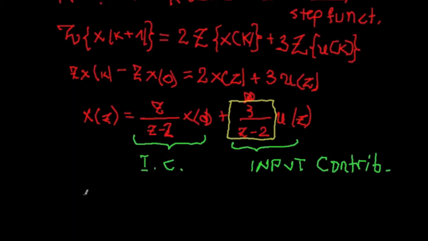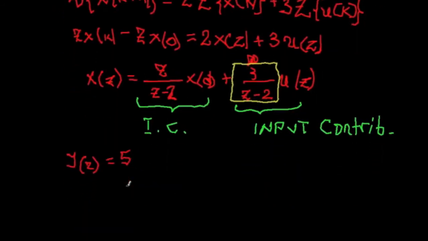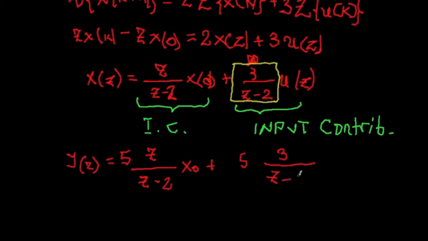This part, the initial condition contribution, is quite easy, and I will write here this entire part: Y of z equals 5 multiplied by z divided by z minus 2 times x of 0 plus 5 multiplied by 3 divided by z minus 2.